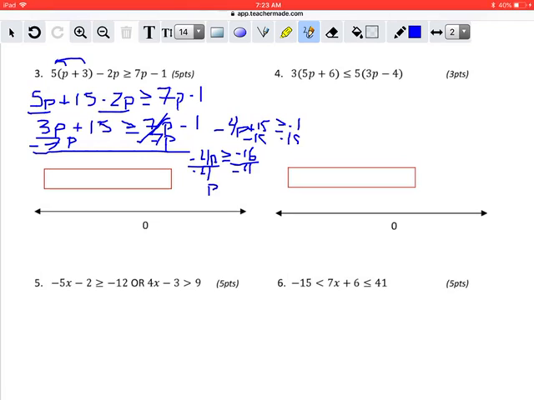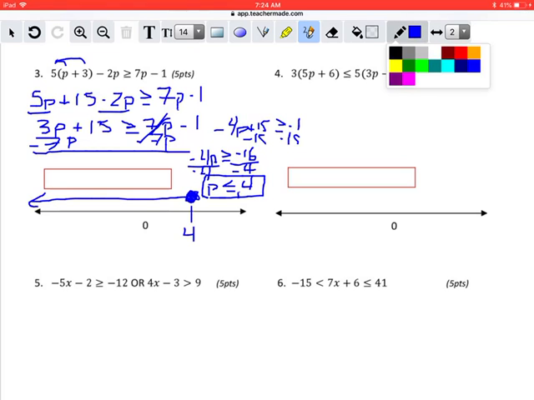So p less than or equal to negative divided by negative is positive 4. Okay, and so that would be my answer. Less than or equal to 4. So again, 4 would be about right here. This time it's a closed circle going to the left. Okay. All right, so let's go to the next one here.